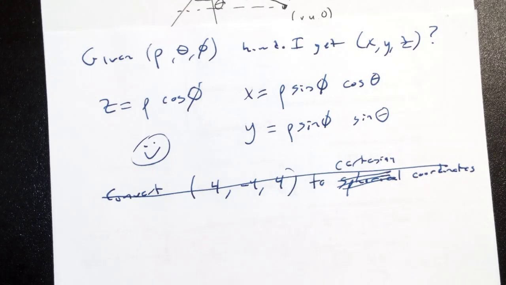If I always measure from the North Pole down, then I never want phi to be bigger than straight down. Which means the biggest value I should have for phi is here. Theta goes all the way around the circle. Phi only goes halfway. It's going to stop at pi.